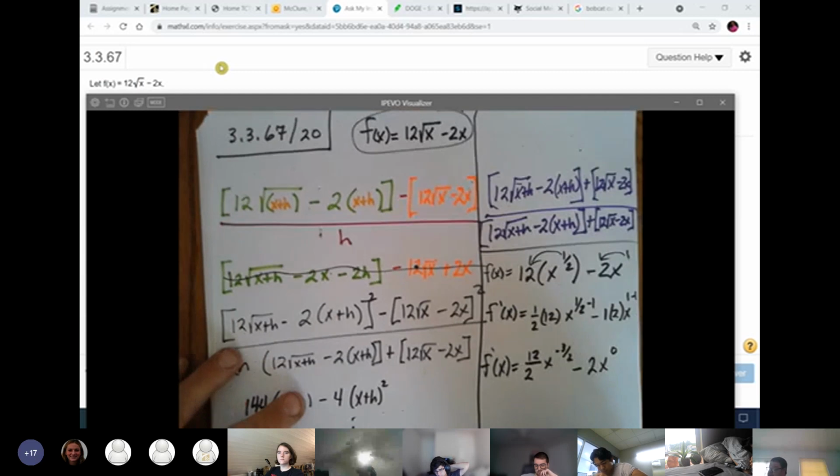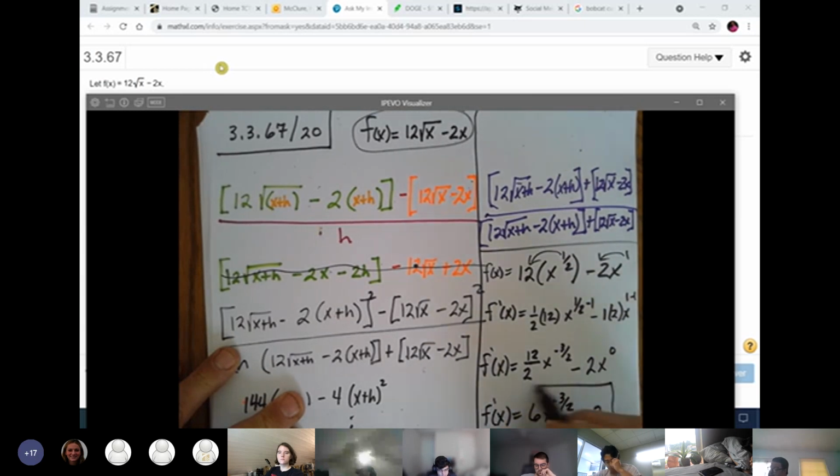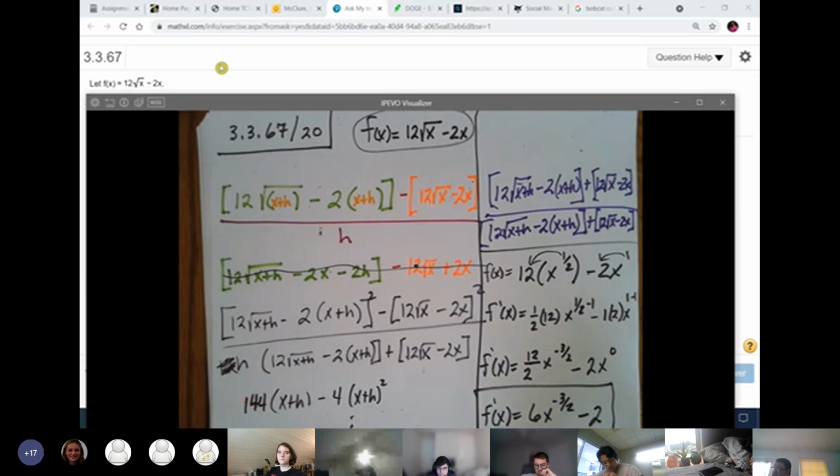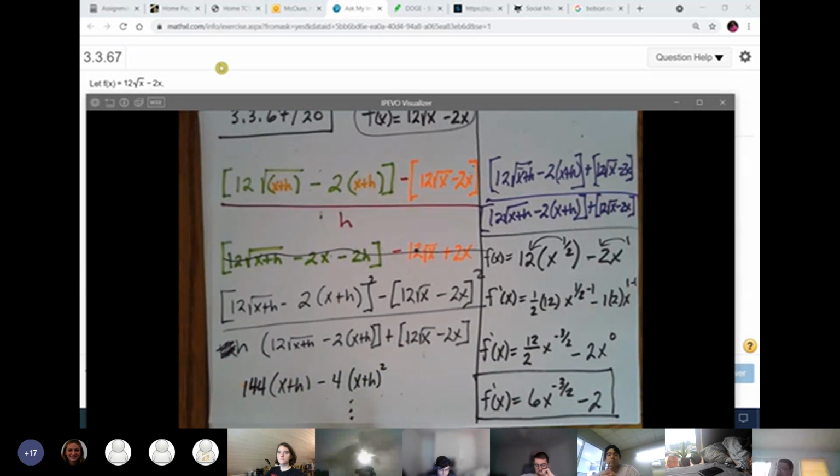And that's going to be f prime of x is equal to 6x to the negative 1/2 minus 2. Now I'm running out of room, but there's 2 or 3 different ways you could write this answer. Okay. I'm going to put too messy here.